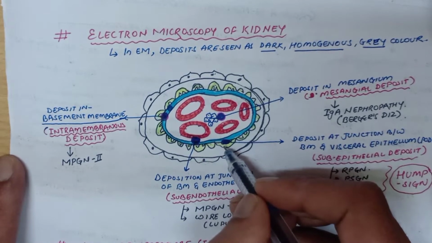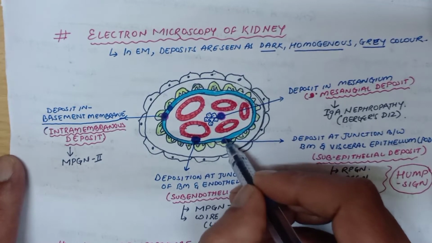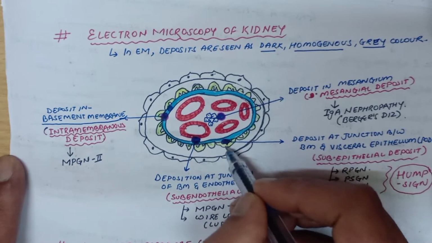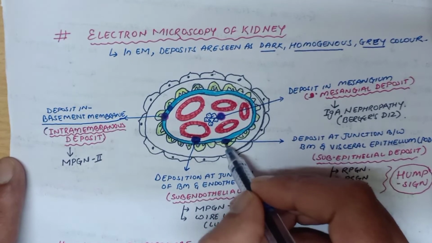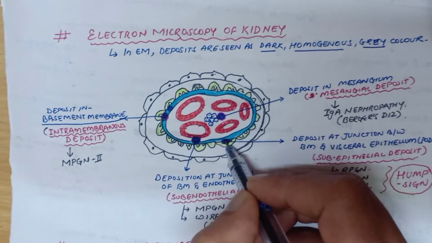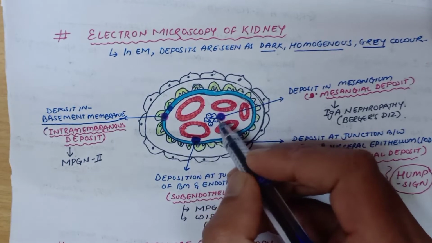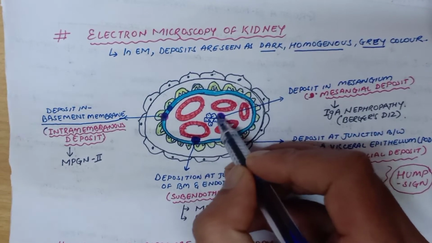So the deposit can also occur below the podocytes or at the junction of the basement membrane and the visceral epithelium or the podocytes. So these are known as subepithelial deposits. And the deposition can also occur in the mesangial cells, and the deposition can also occur between the mesangial cells.